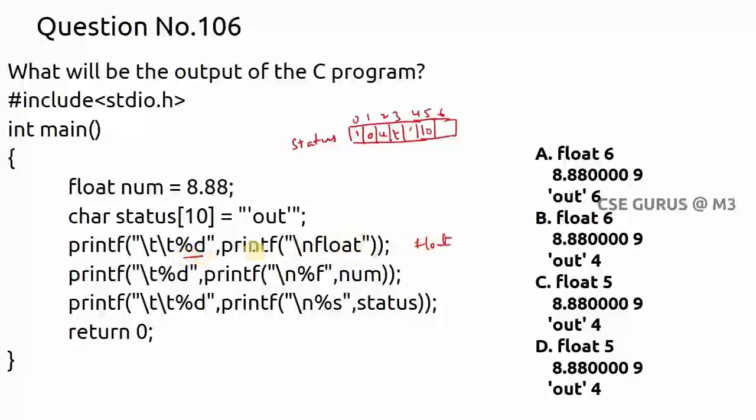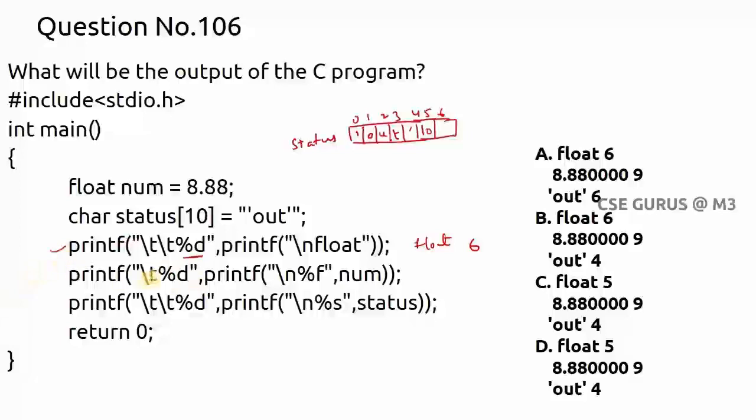That means what is the count of the symbols inside it? How many symbols are there here? So here you can observe \n. I told you \n counts as 1. Then 1, 2, 3, 4, 5. So total 5 plus 1, totally 6. And the output will be float comma 6, like this for the first printf statement.